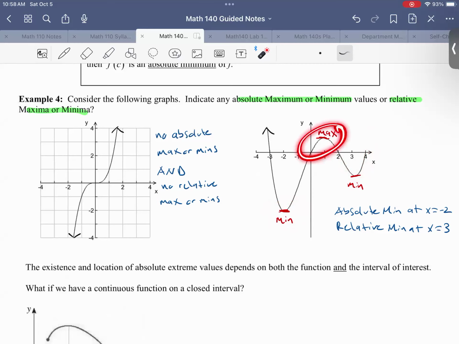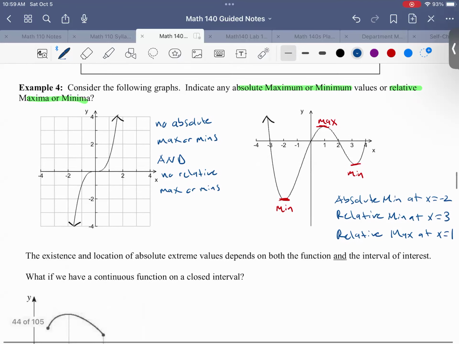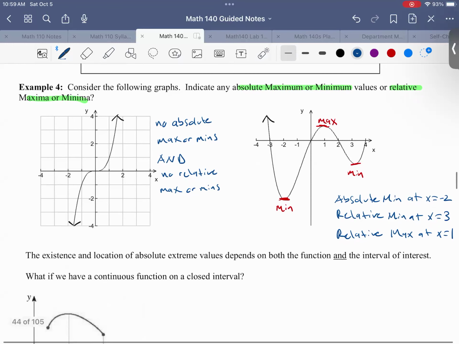And this max right here is not the biggest this function is going to be, because this guy's going off to infinity. So there are going to be values greater than this. But relative to where it's at, it's a relative max. So relative max at x equals 1.